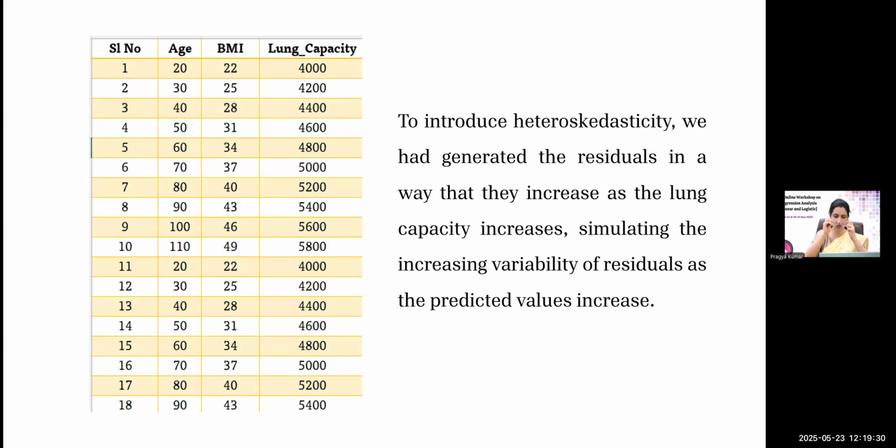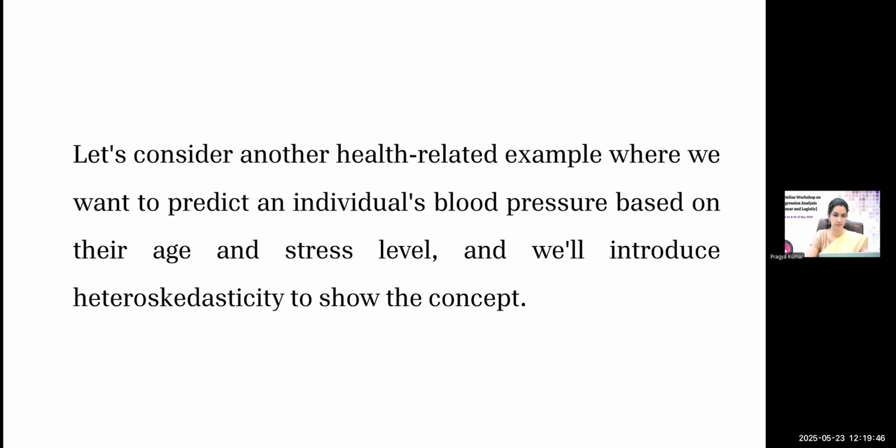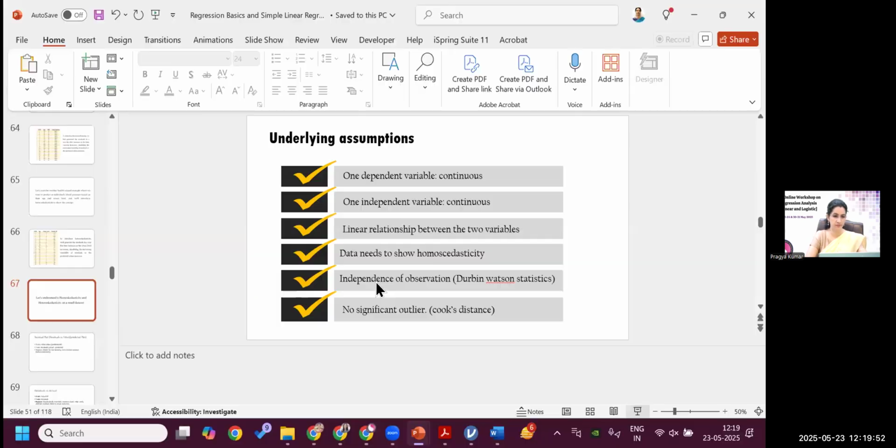I think we have the data also. I'll show it on that data. So this is the age and BMI, the two independent predictors, and I have this lung capacity. So these are the values. I'll go with this data.